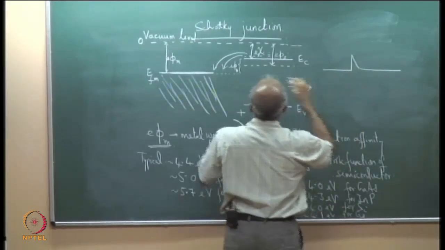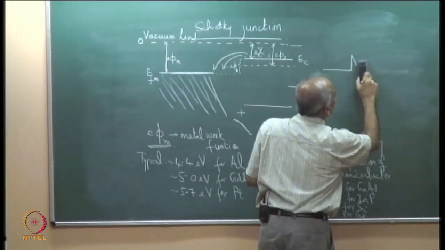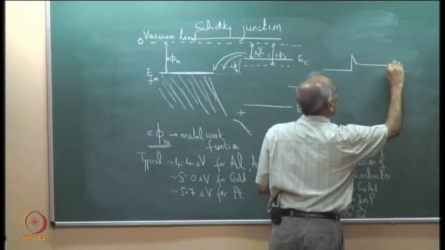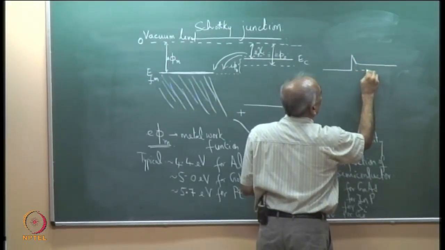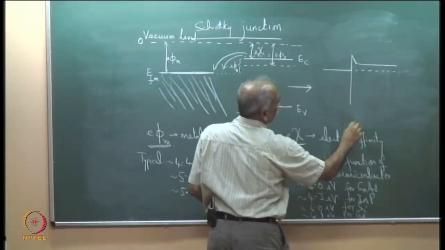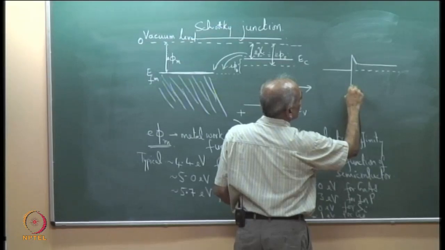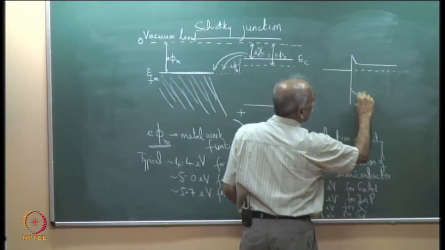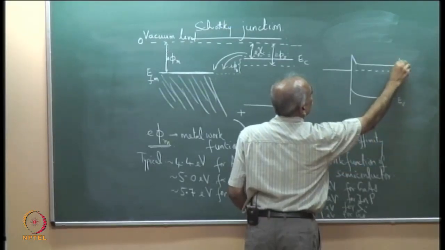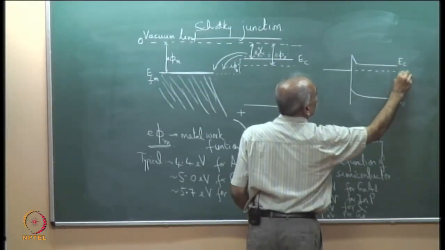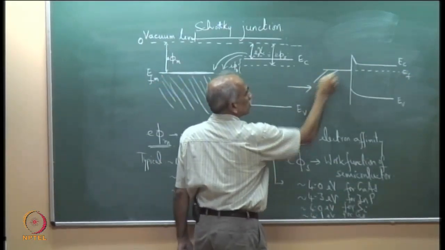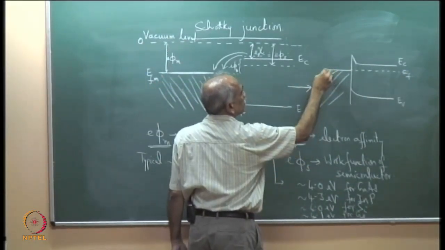Till the two Fermi levels align. So I have similarly here, this is my EV, EC and EF of the semiconductor. This is EFM. So this is all filled with electrons.